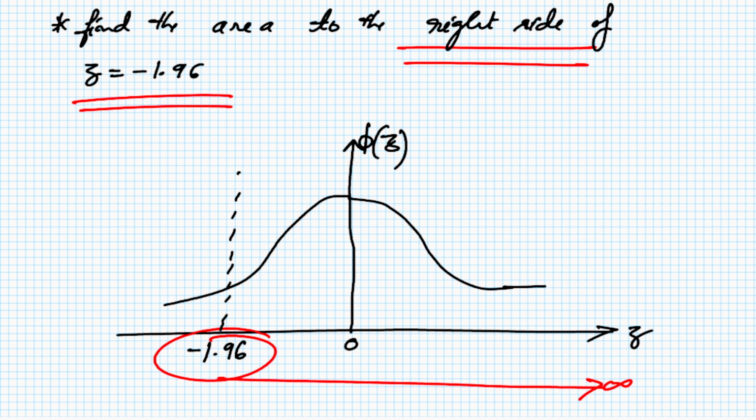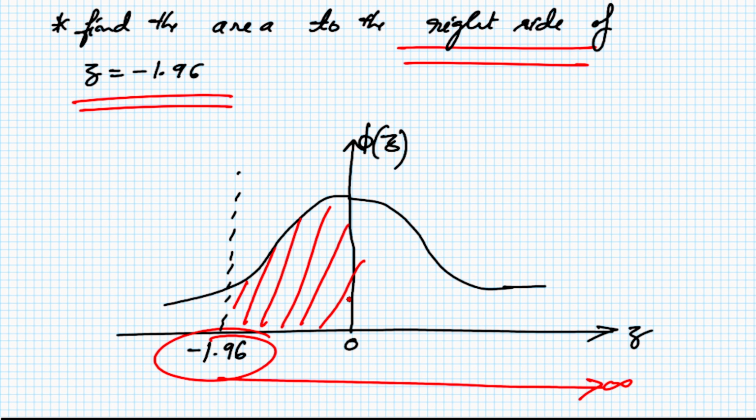I'll split this because from the table I have no way to calculate the value till infinity. I can calculate up to somewhere. So I can definitely calculate this portion of the area from the curve. That is phi of 1.96, which gives me the area from 0 to minus 1.96 directly.